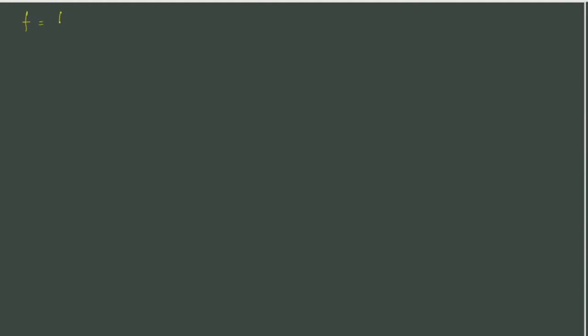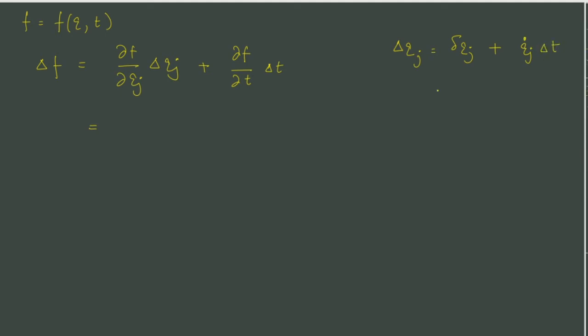Otherwise, delta acts like just a differential. So for example, if we have a function f of q and t, then delta f can be written using the chain rule. Remember, the delta variation of qj is our old variation plus the velocity times delta t. So if this holds, then we can replace delta qj here.